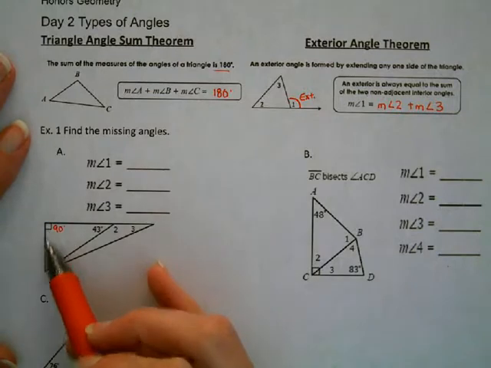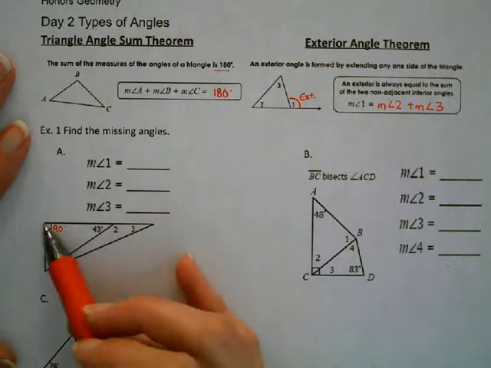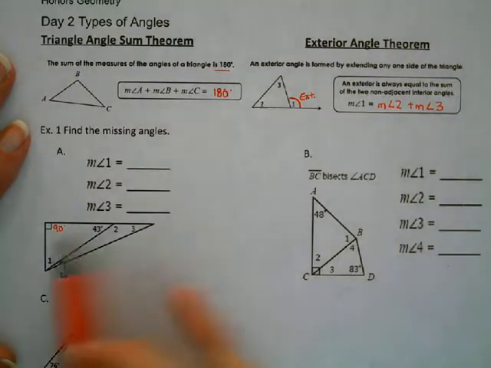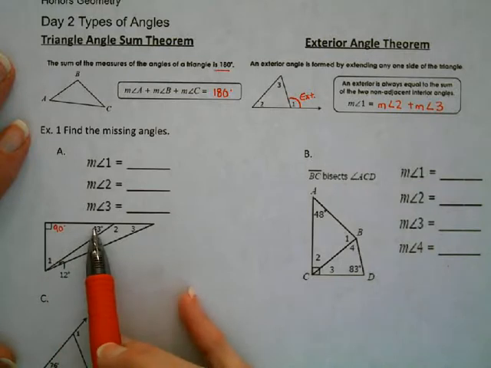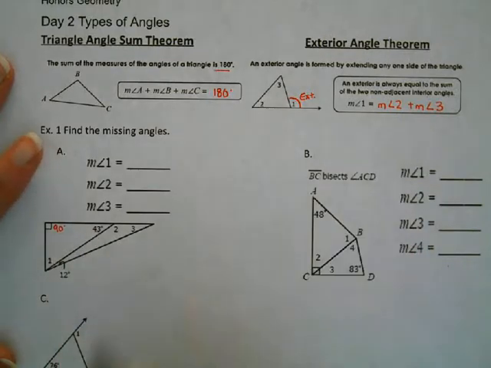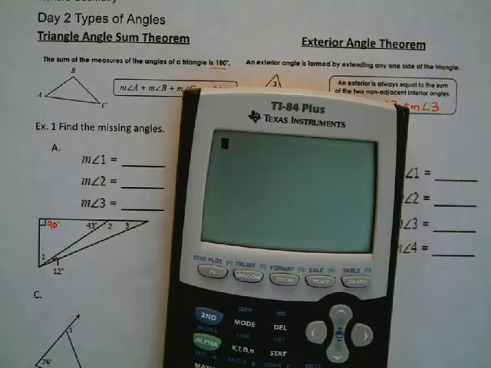This triangle here, those three numbers should add up to 180. So you could do 90 plus 43 and subtract that from 180, or just do 180 minus 90 minus 43, that's 47.